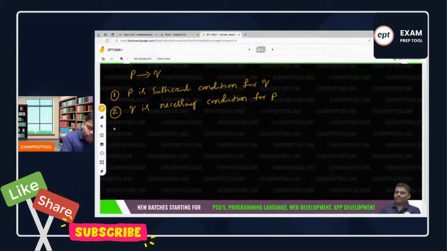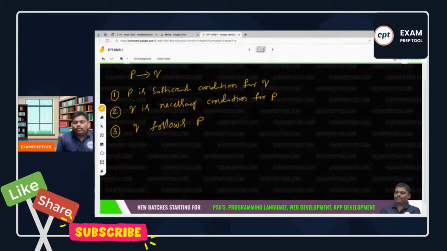Next one. See one more. Q follows P. What is the meaning?